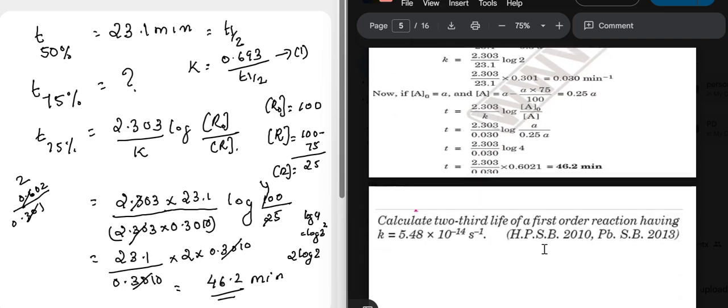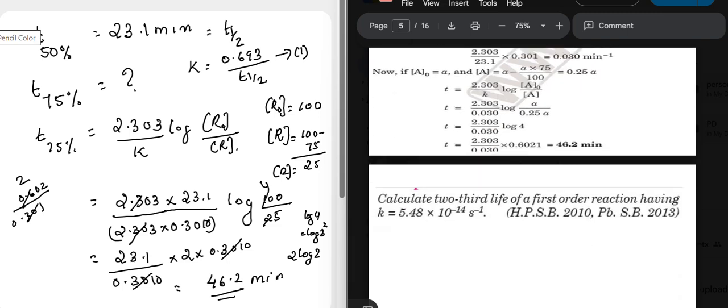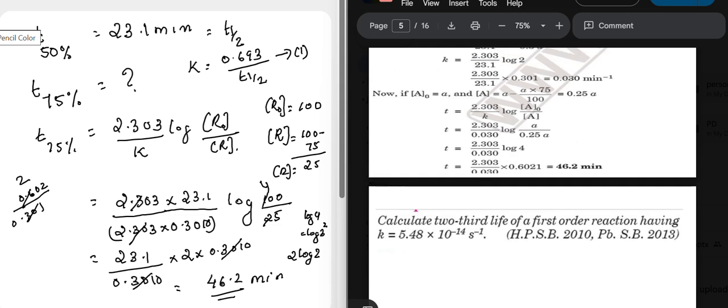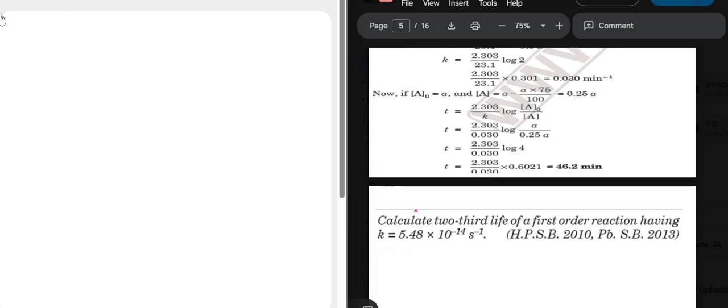Okay, now next question. Calculate two-third life. Half life we wrote T half, so two-third life we can write T 2 by 3.